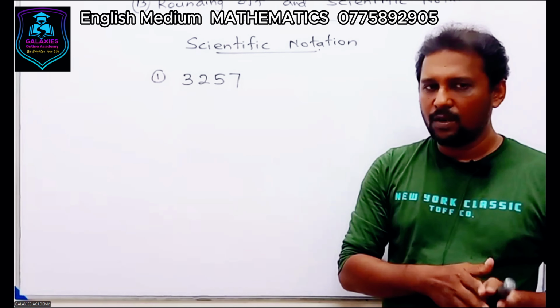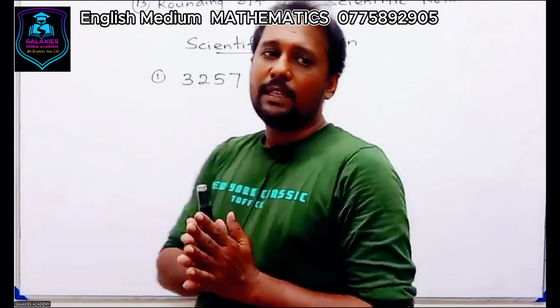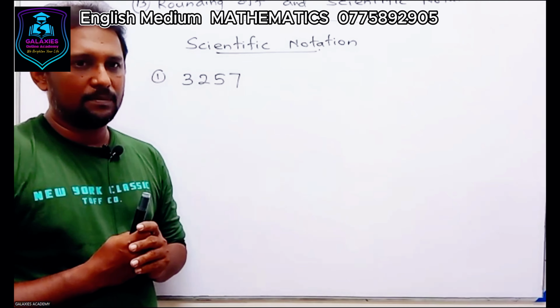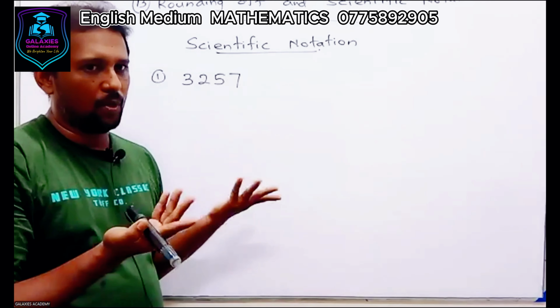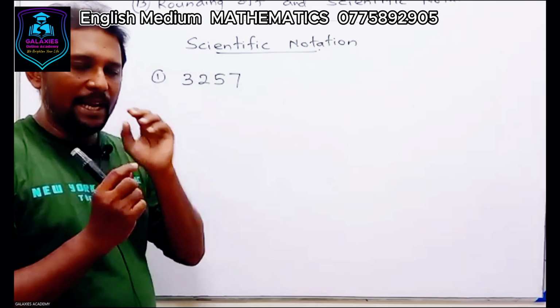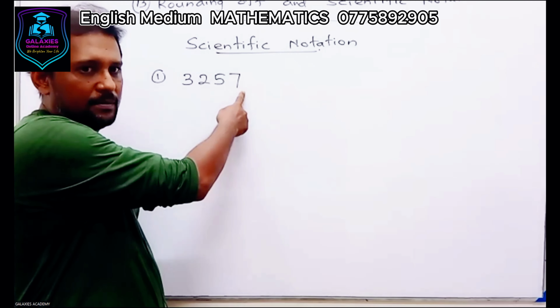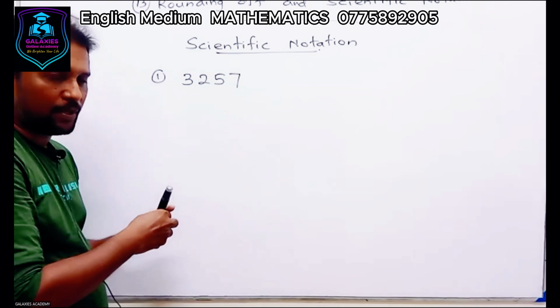It is a whole number, no? Where can you see the decimal point of this number? At the end of the number. Can you see the decimal point? No. But you remember, any whole number has a decimal point at the end, right? So where is the decimal point of this number?